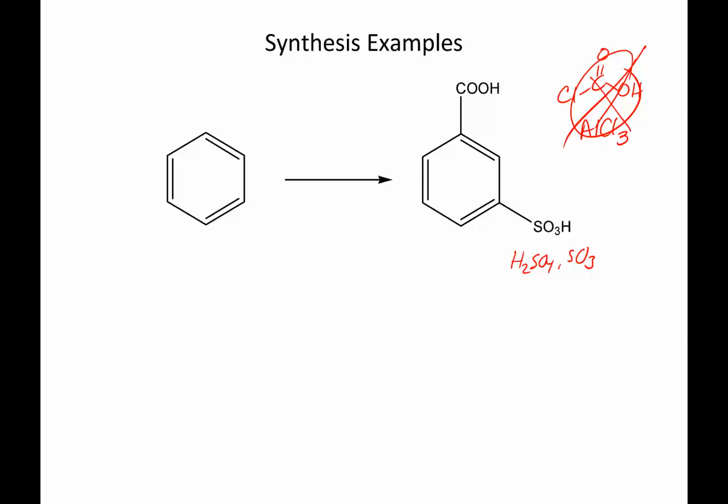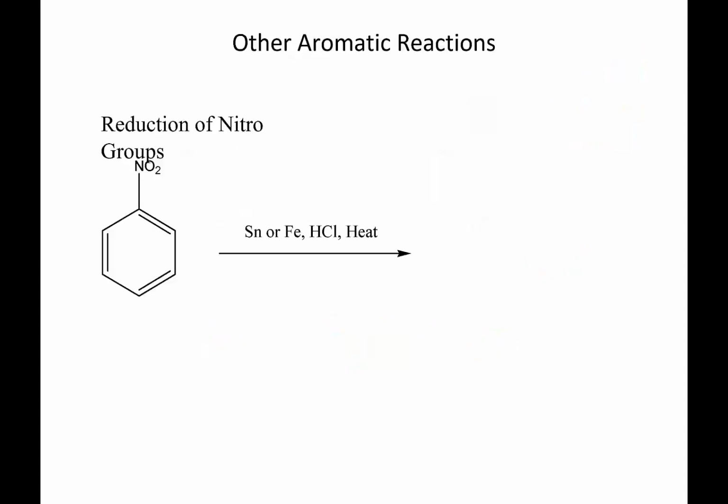So we have to go back, and we have to come up with a multiple step method. So you want to put a methyl group on the ring first, and then you want to use KMnO4 to react to make the carboxylic acid. Yes, that's one method of doing it.